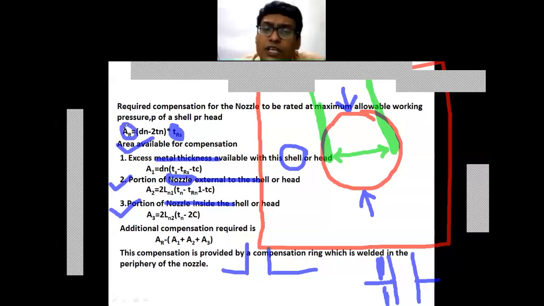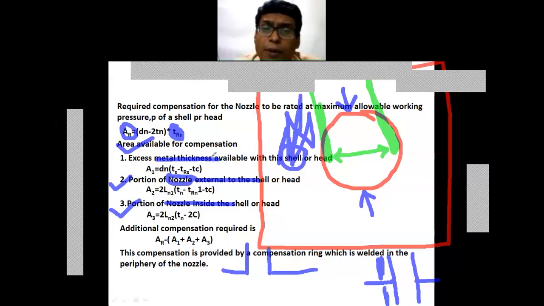Out of this area, some area is already in excess with the metal sheet thickness, because we are taking the round off, the corrosion allowance, and the excess also. Theoretically, excess required is 1.1 times. So this is the extra area that is available in this plate.